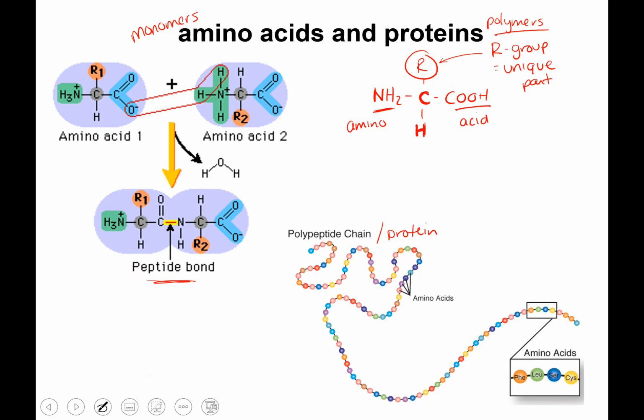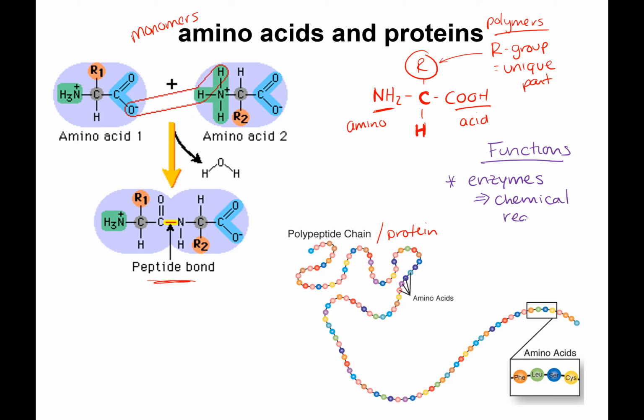So what are some of the functions of proteins? Well, enzymes are probably the one you're most familiar with. Enzymes are making chemical reactions happen. Proteins are really important for membrane transport. So moving things across the membrane, part of that selective permeability.